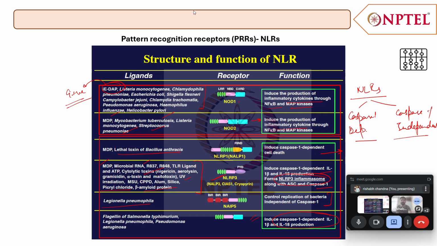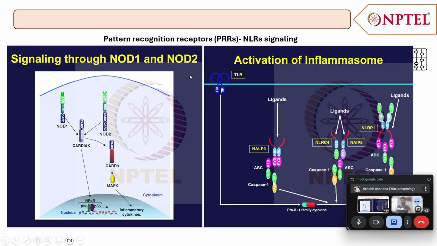Okay, so let's move on. Like RLRs, NLRs also signal in some ways. RLRs can activate the NF-kappa B pathway. Now NLRs also activate the NF-kappa B pathway, but in a different way. Then we have the NOD1 and NOD2 receptors.